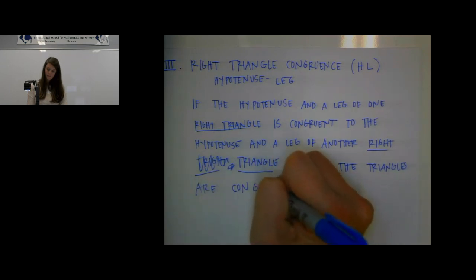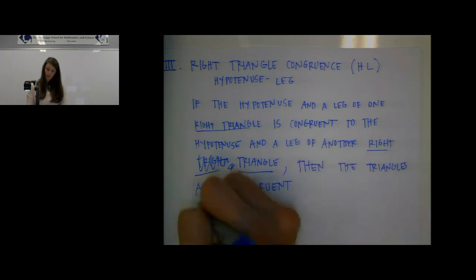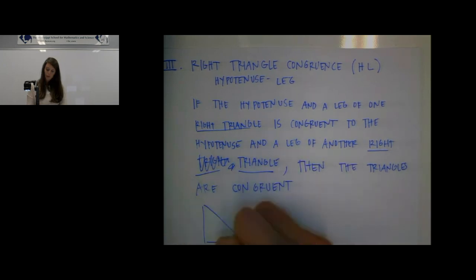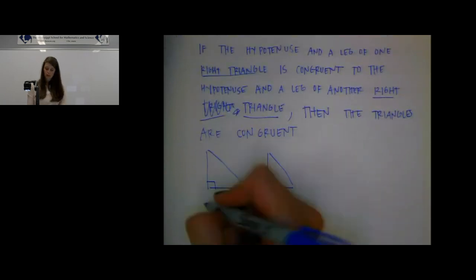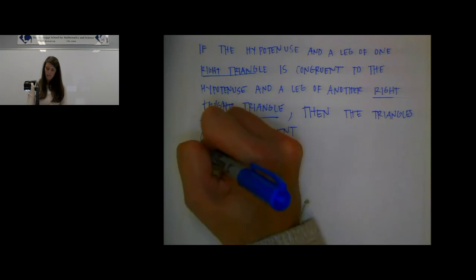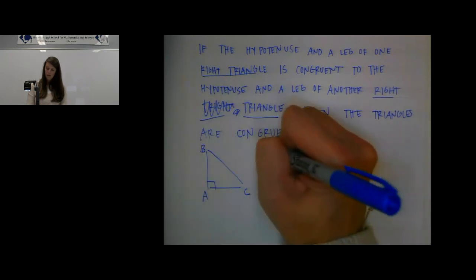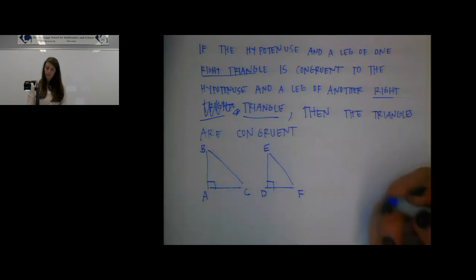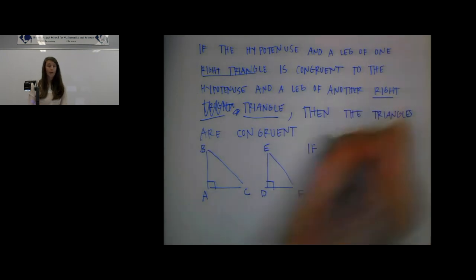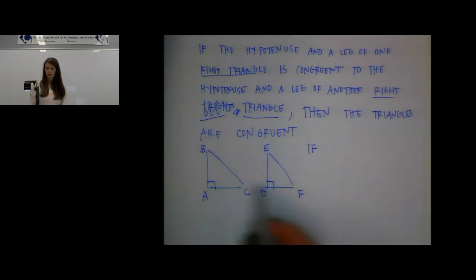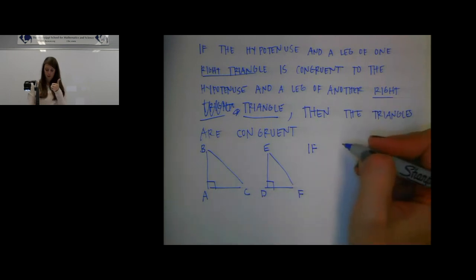All right, so what's special about this one is I'm going to have two right triangles. We'll say A, B, C and D, E, F. If we have a right triangle, number one.